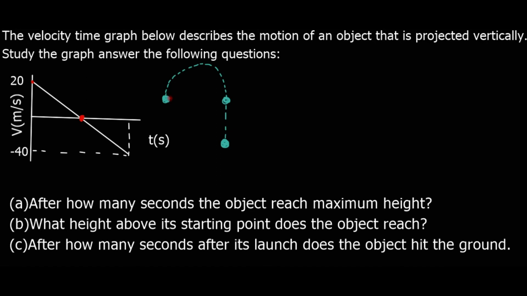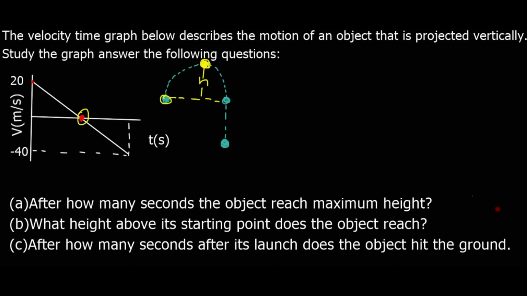Re tseba gore this object gore e fihle this height yo fihla ka a certain time, and then this x-intercept ke the time it takes or this object e fihle mo godimo. So this question says, after how many seconds does the object reach maximum height. So era gore ba nyaka the time ya this object ge tloga mo e fihla the maximum height.